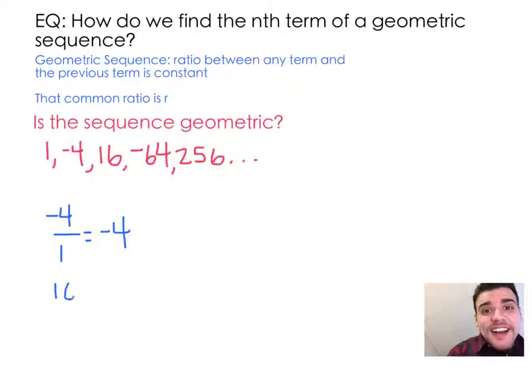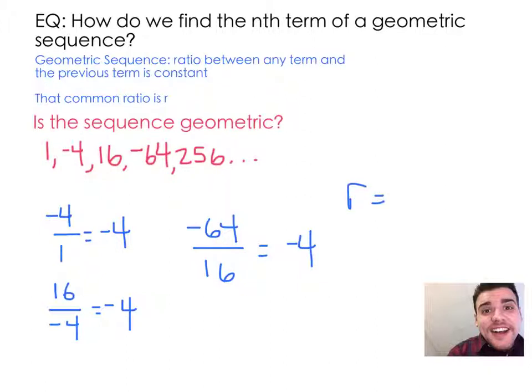What's 16 over -4? -4. What's -64 divided by 16? -4. Okay, so we can assume that this is geometric now. 256 divided by -64 is also -4. So what does r equal? -4.